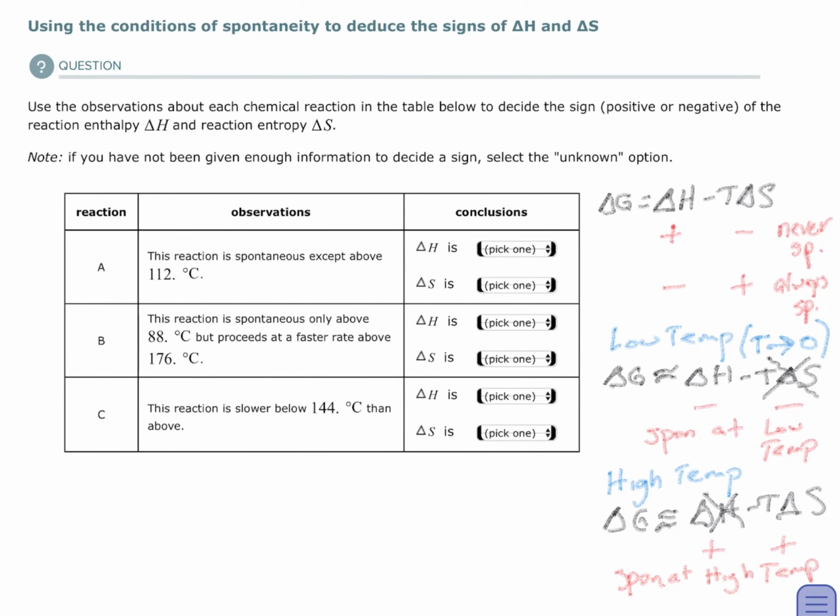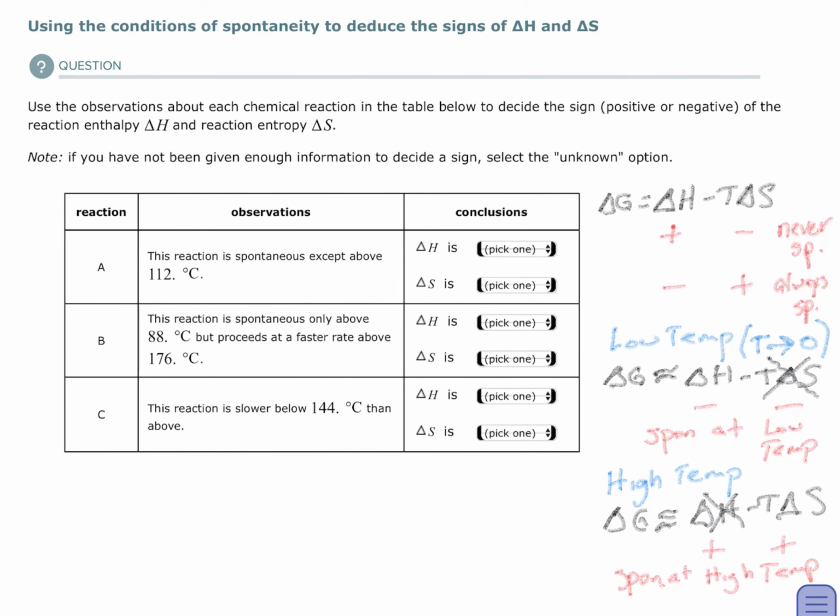So let's look at these three. I already see that for the letter C, I can't tell. It's unknown to me because it doesn't tell me anything about spontaneity. Spontaneity is required for me to use this formula of delta G. If delta G is negative, it's spontaneous. If delta G is positive, it's not spontaneous. They told me the rate, but the rate is there to confuse you.